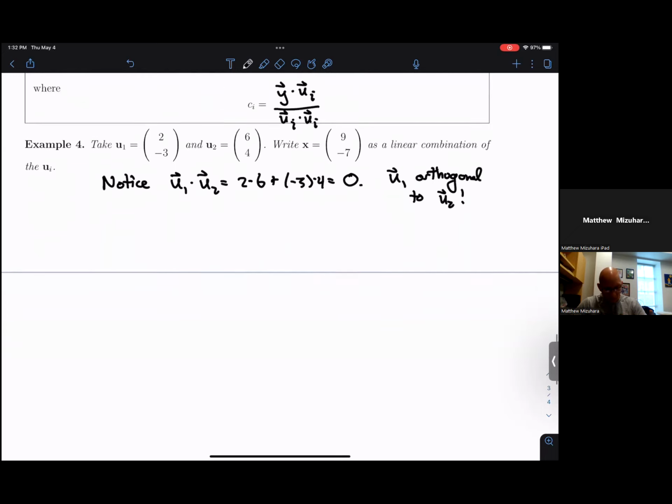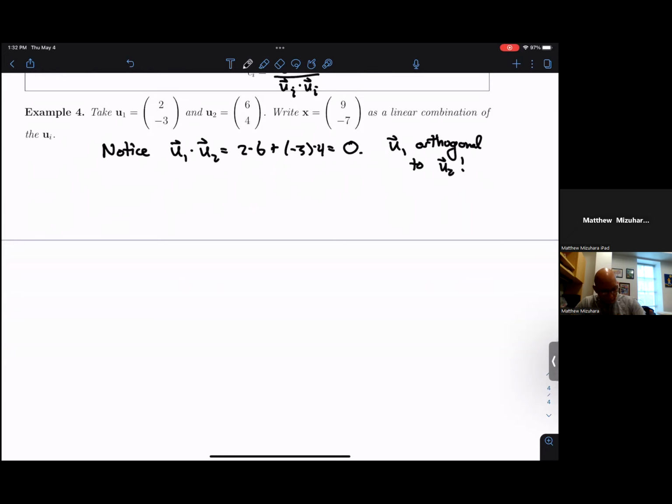So I can use this theorem to calculate the linear combination coefficients lickety-split. Let's do it. I want to write x as some amount of u1 plus some amount of u2. Then C1 is x dotted with u1 over u1 dotted with u1.